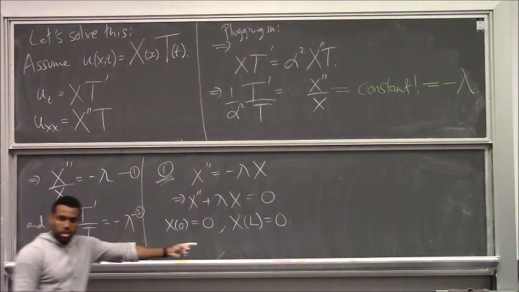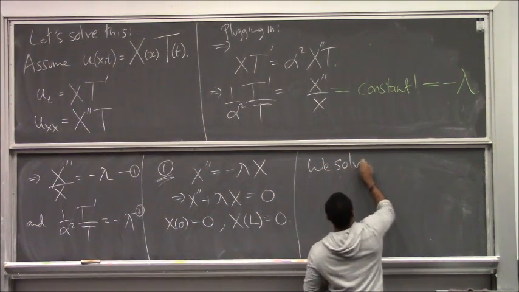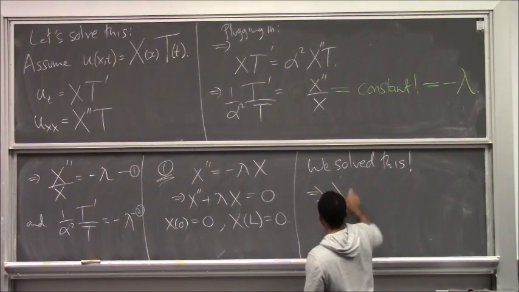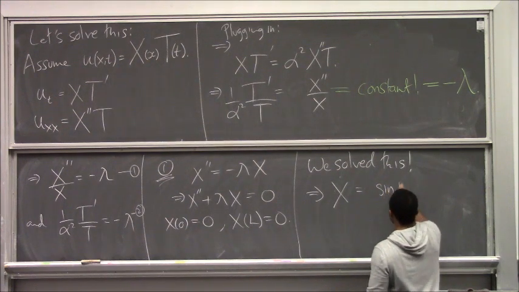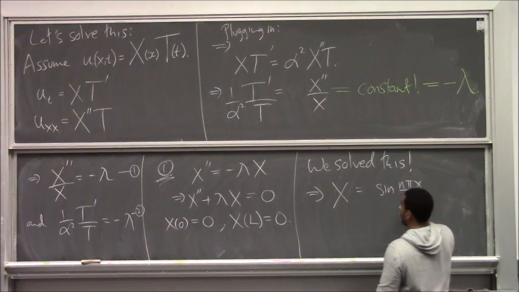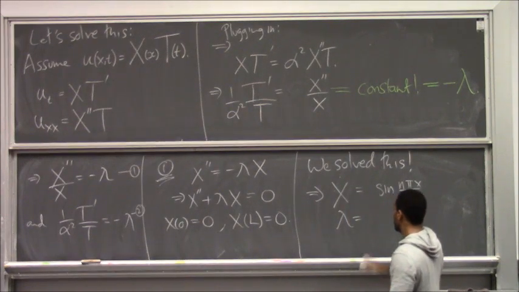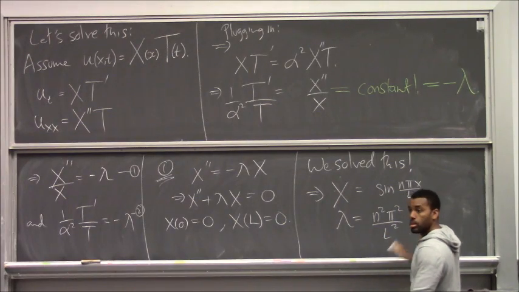We already solved that at the end of last class. What was the solution? X has to be sine of n pi x over L, right? And then our lambda has to be what? n squared pi squared over L squared.